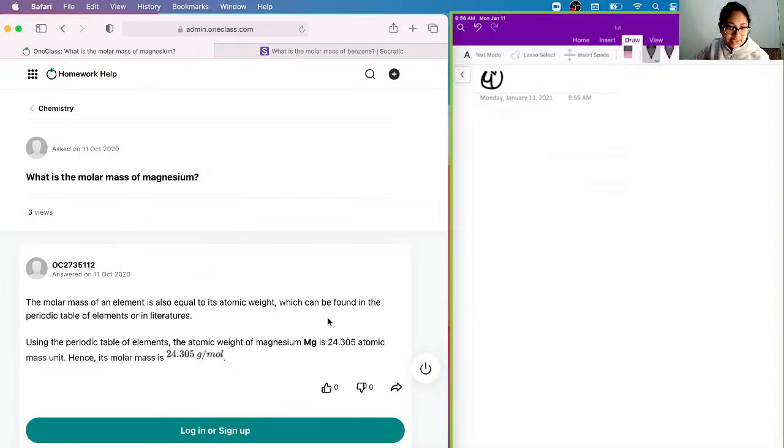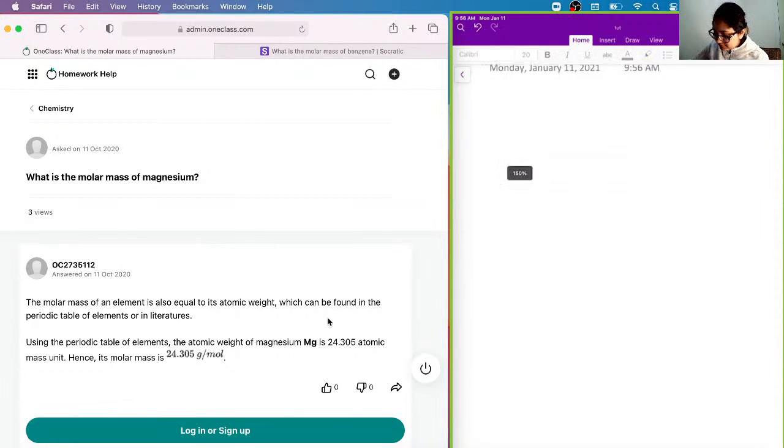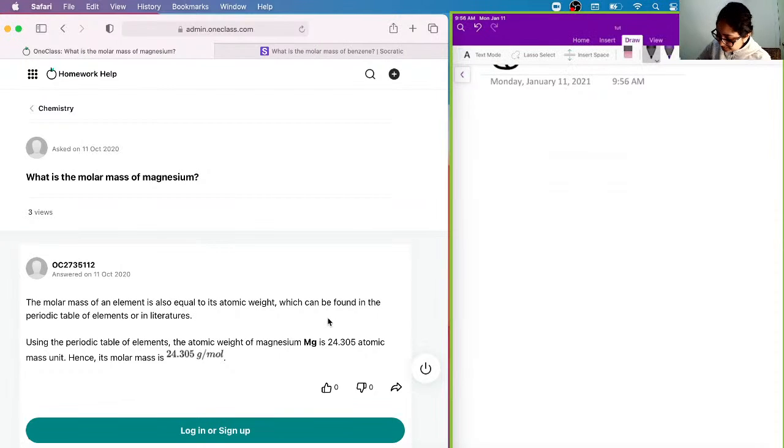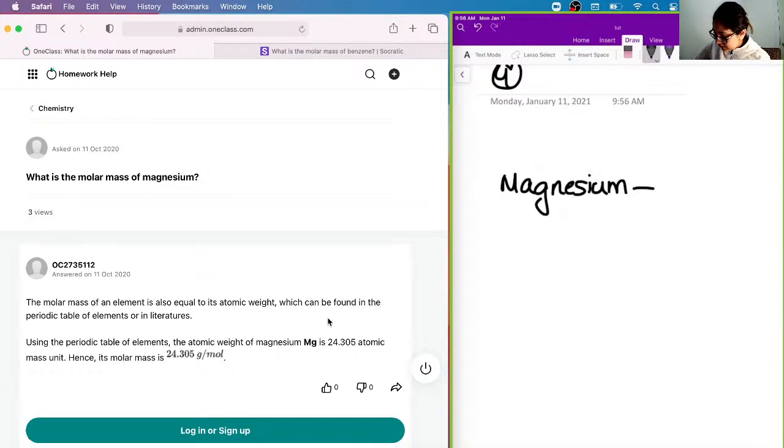Okay, so next question says, what is the molar mass of magnesium? If you guys know magnesium, this is chemically represented as Mg.